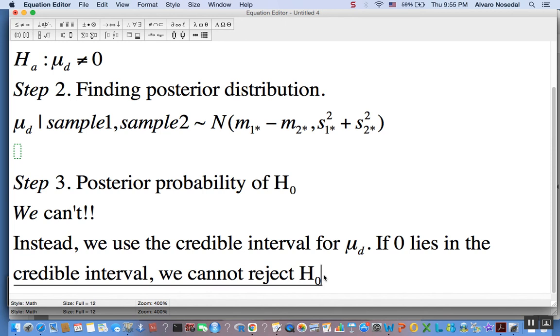Make sense? And if it is outside our credible interval, then we reject. So again, the ideas that we developed for the one sample problem, when we were considering only one single parameter mu, well, they can be used here.